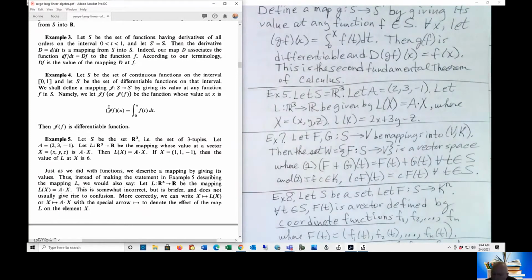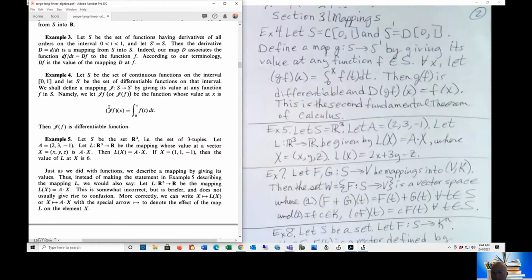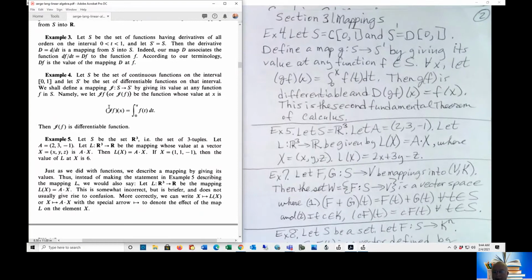And let's look at example 4. Now, let S be the set of continuous functions on the closed interval 0, 1, and let S prime be the set of differentiable functions on the closed interval 0, 1. Now, define a mapping J going from the continuous functions to the differentiable functions by giving its value at any function f in the following manner.